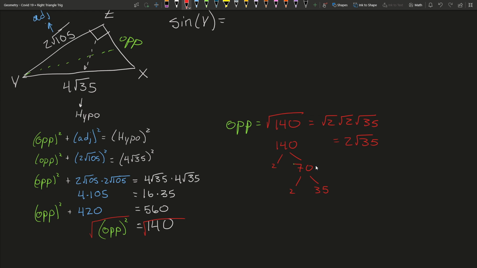So square root of 140 becomes 2 rad 35. If we make a factor tree of 140 and we just keep taking 2's out, we can rewrite 140 as 2 times 2 times 35. So our opposite is 2 rad 35.